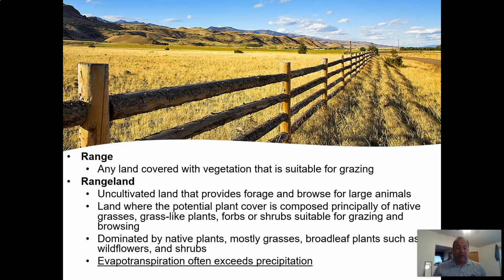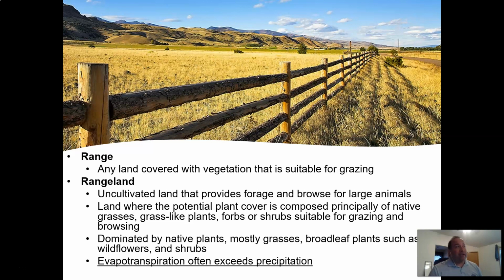When we're talking about rangeland, we're talking about uncultivated land, so land not used for agriculture that provides forage and browse specifically for large animals. Another way to look at it is land where the potential plant cover is composed principally of native grasses, grass-like plants, and forbs or shrubs that are suitable for grazing or browsing.